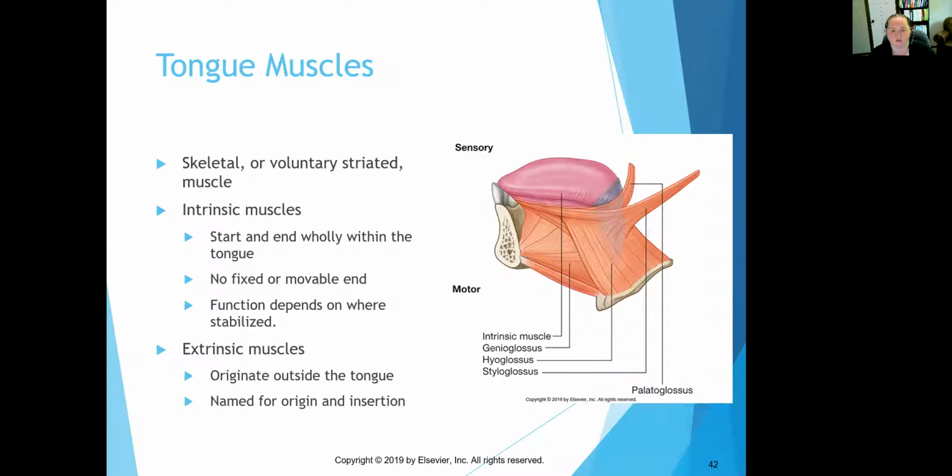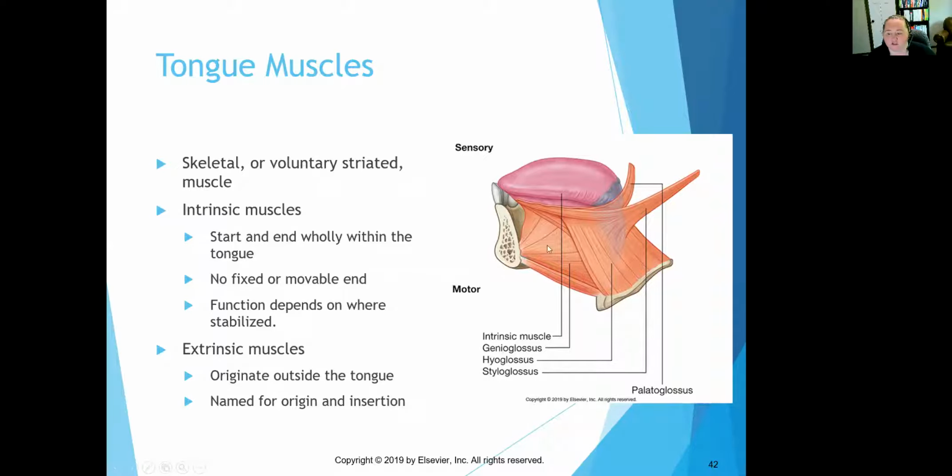Then we have our extrinsic or muscles outside the tongue that help with movement, and they're gonna originate outside of the tongue, and they're named for the origin and insertion. So when you see genioglossus, glossus is tongue. So genio is the little tubercles right under the incisors, and there's little bony protrusions right here that this muscle attaches to.